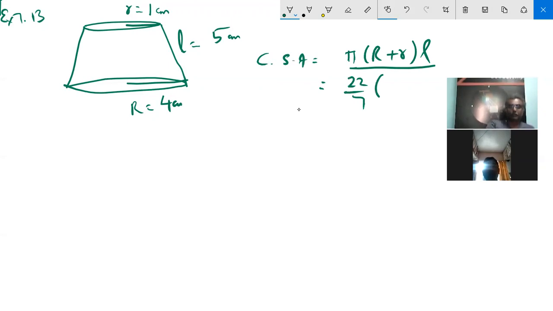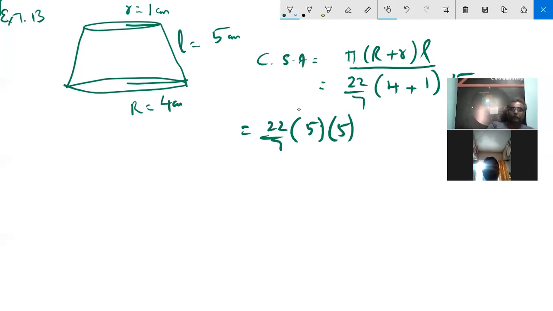Big R is how much? 4 centimeters. Small r is? 1 centimeter. L is? 5 centimeters. Okay, very good. Now 22 by 7 into (4 plus 1), 4 plus 1 is how much? 5.